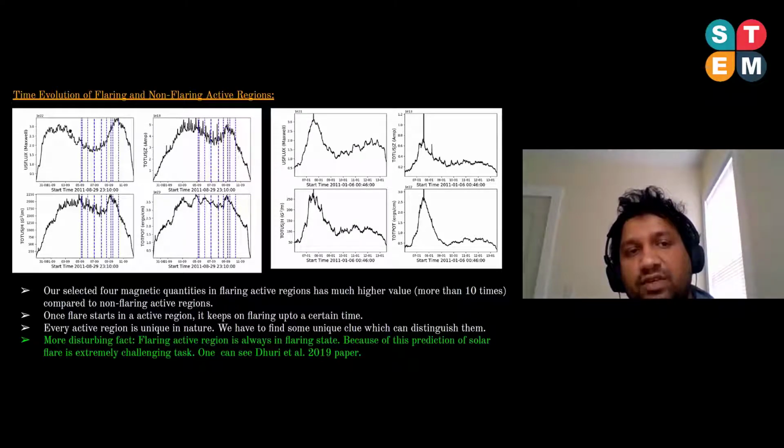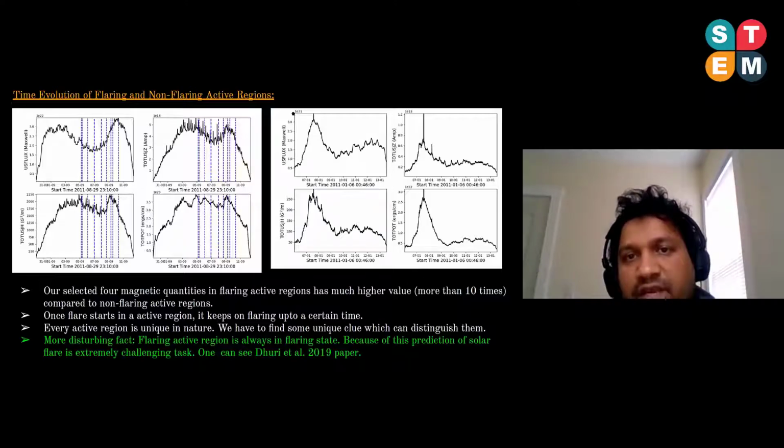So it becomes clear that one active region produces lots of flares in its period while it is present on the solar disk. And here you see how the non-flaring active region behaves. There are evolutions in both flaring and non-flaring regions, but on the right-hand side, you see there are no flares.